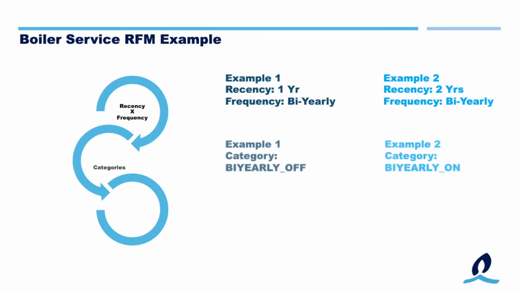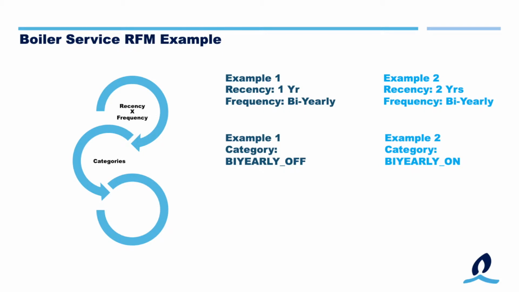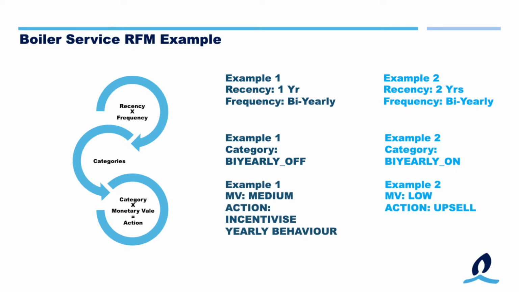We combine the recency and frequency into categories. We just call these instances bi-yearly off, bi-yearly on. Then combining in the monetary value and trying to derive an action. In example one, the monetary value is medium, but what we're focusing on here is incentivizing the sale this year.